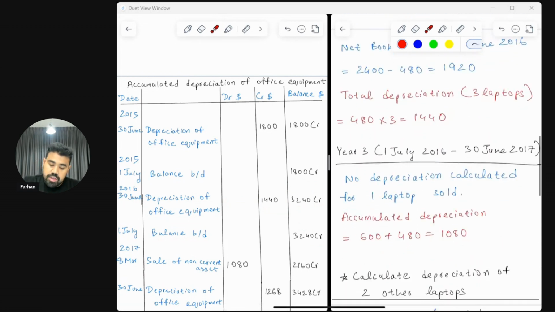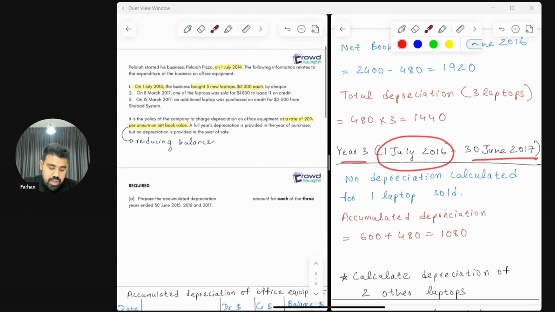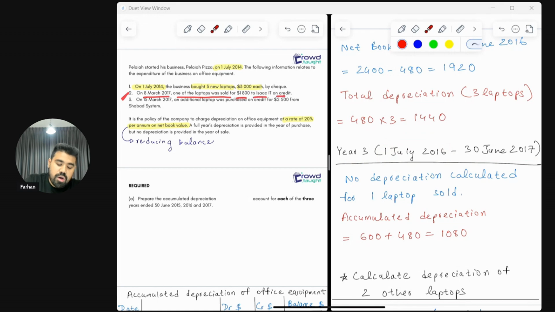Year 3 starts on 1 July 2016 and ends on 30 June 2017. Okay, and we know that in year 3 we have sold one laptop. Based on the second additional information that we're given, on 8 March 2017, one of the laptops was sold for $1,800 to Isaac IT on credit.